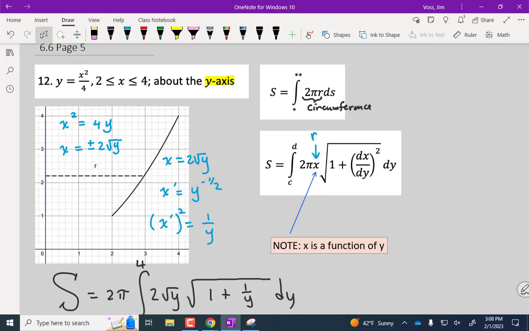So you can use the same logic. It's just not as obvious because a washer or a shell is very visual, and a frustum is a little bit more abstract. So you should be envisioning a circumference coming around here, and we need that horizontal distance, which means write it as x equals.